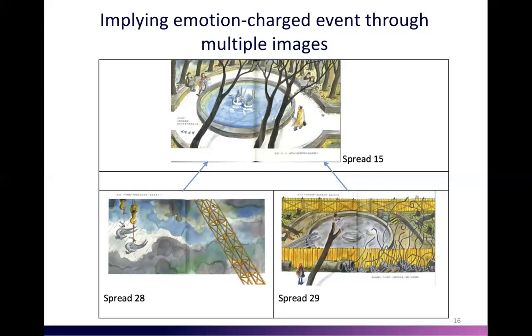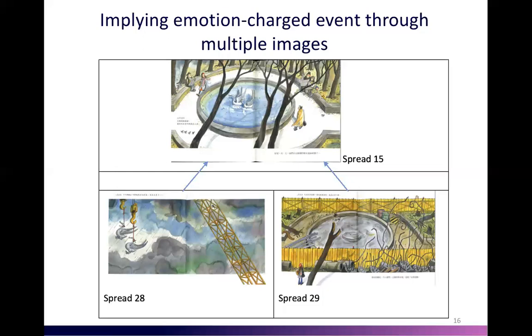the reappearance of visual ideation elements, such as the swans, broken trees and pond, tracing back to the visual depiction in spread 15. The contrast of visual information between spread 15 and spreads 28 and 29 hints at the reader's interpretation of the event construed. It is therefore interesting that while the facial expressions of the two story characters are not clearly represented in spread 29, negative emotional values such as disappointment and frustration can be evoked in readers by the implied event of not being able to meet each other, and readers in turn ascribe their feelings to the two story characters.